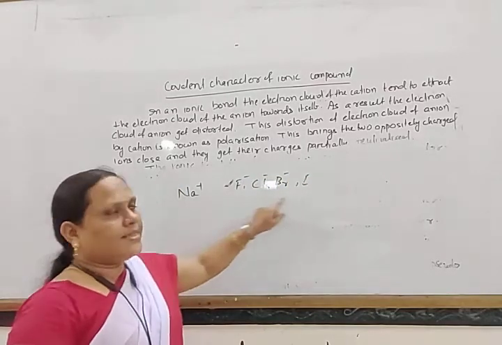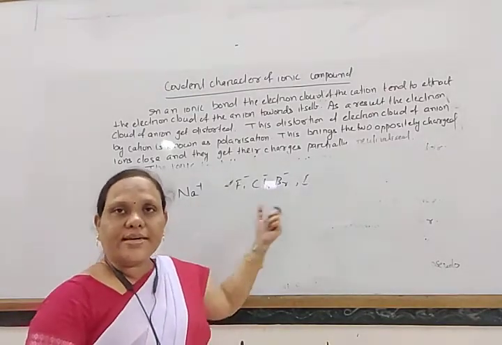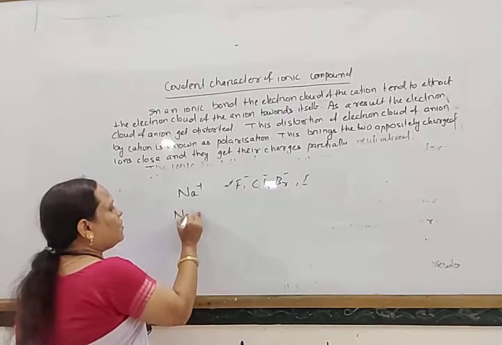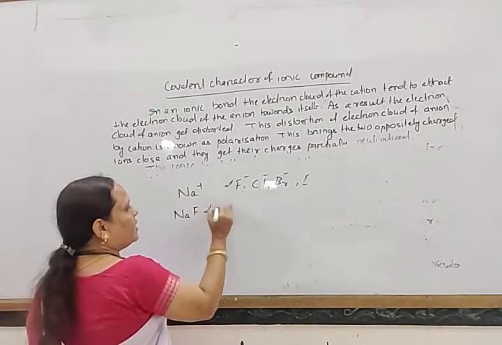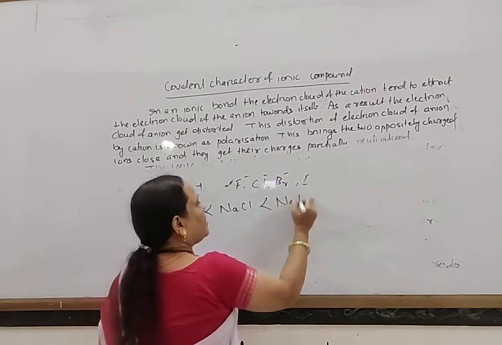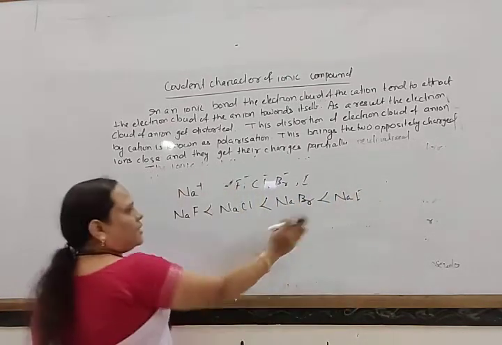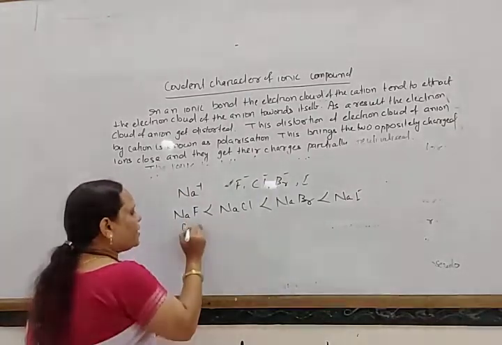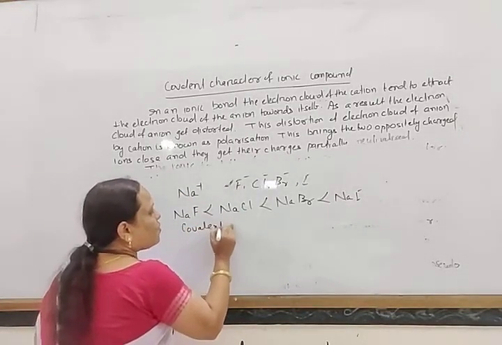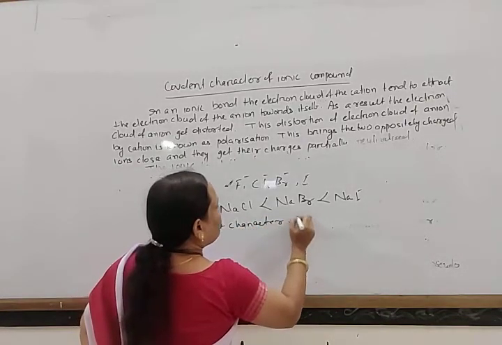Their size increases from fluoride to iodide. In this way the covalent character increases. So NaF is more ionic, then NaCl, then NaBr, then NaI. So for different halide ions, the covalent character increases.